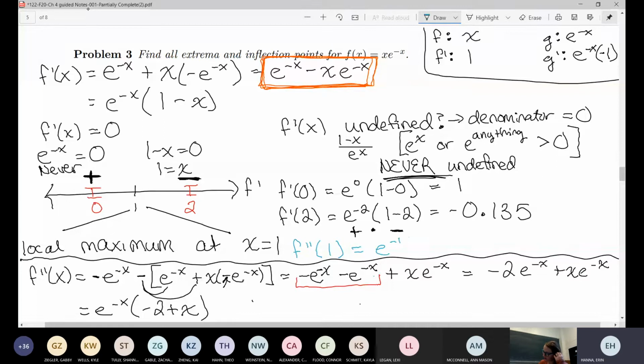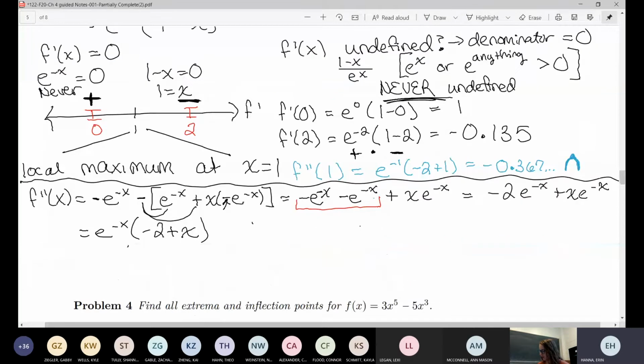So we would have e to the negative first, times negative 2 plus 1, which gives you a negative number, but let's see what that negative number is. Negative 0.367, and so on. A negative means that it's concave down, which would mean that it's a max, which we already knew. But anyway, if you wanted to use the second derivative test, you could have done that at this point.